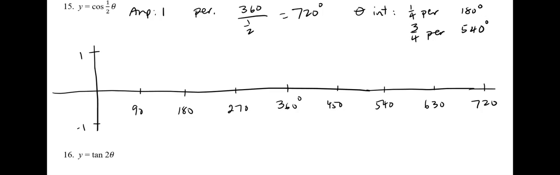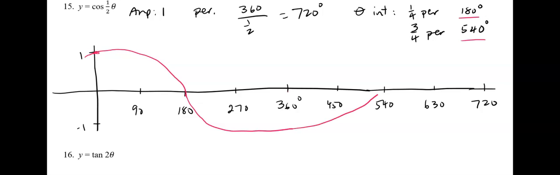Cosine will hit up here at the y-axis where the amplitude is. And just keep in mind, these are my theta intercepts, at least at the beginning, and then from there I just follow the pattern. So I'm going to be hitting 180. And then I'm going to bottom out right in between 180 and 540, which is 360.